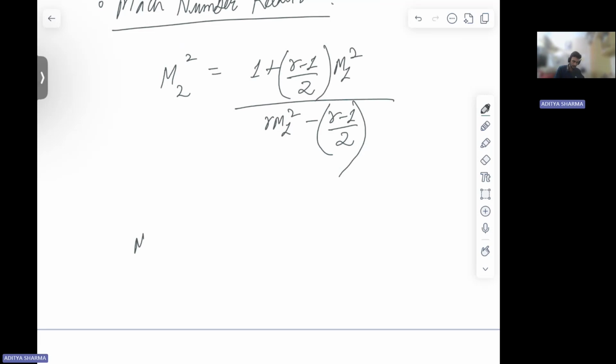Let's say M1 is 4 and gamma is 1.4 for air.